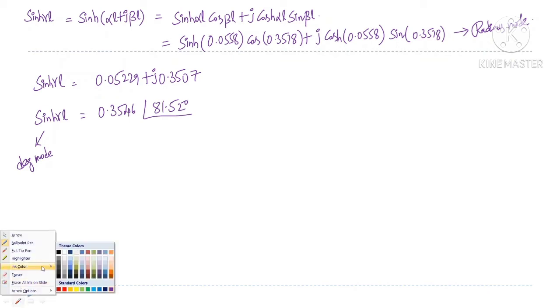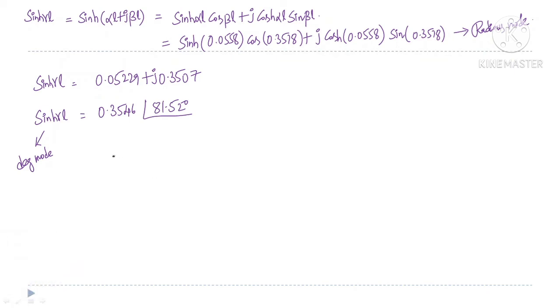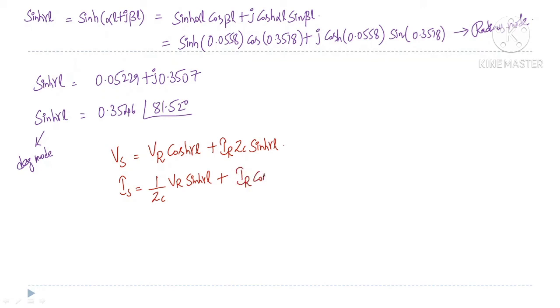For your understanding I am just writing the equations again. Vs is equal to VR cosh γL plus IR ZC sinh γL, and Is is equal to 1 by ZC VR sinh γL plus IR cosh γL.